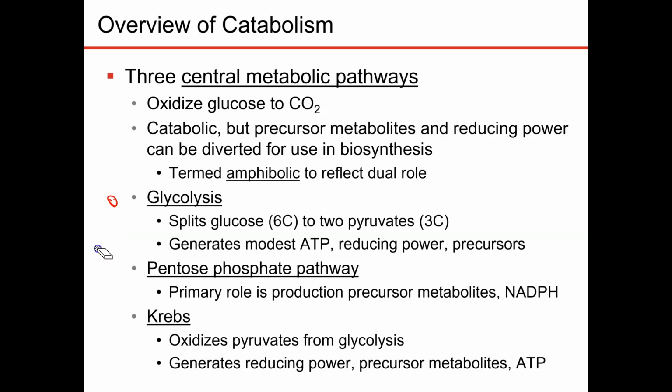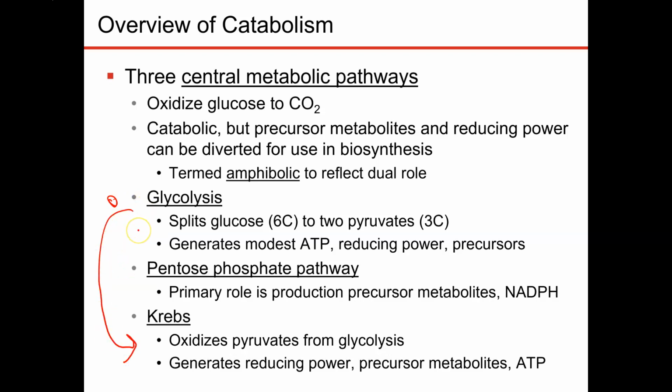The pentose phosphate pathway is the pathway that produces NADPH. NADPH is used in anabolic pathways, whereas the glycolytic pathway is a catabolic pathway. Pentose phosphate pathway is an anabolic pathway. The glycolytic pathway leads to the Krebs cycle.